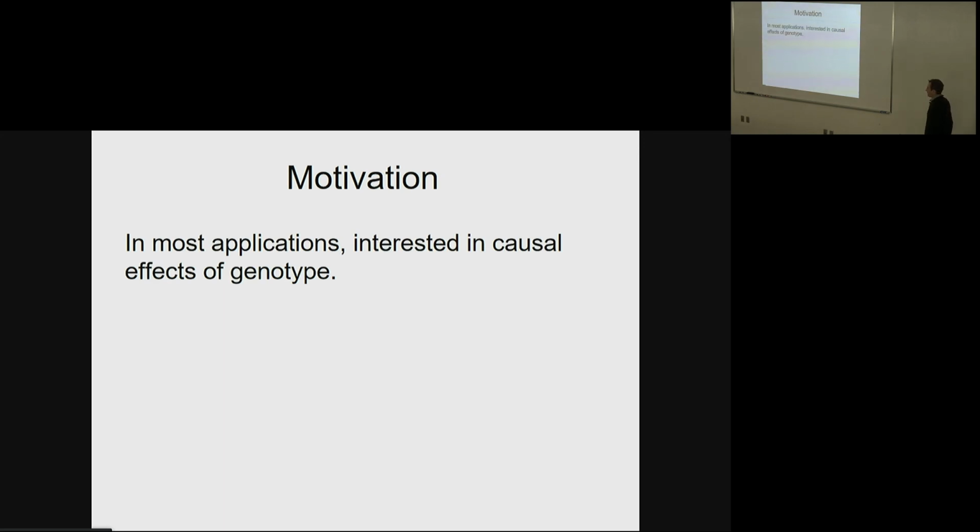I would contend that in most applications, including pretty much all of the papers that we've heard in this conference, even if we're using a PGI which is not maybe confounded with environmental factors, the thing we're actually interested in is the causal effects of genotypes. There are some exceptions.